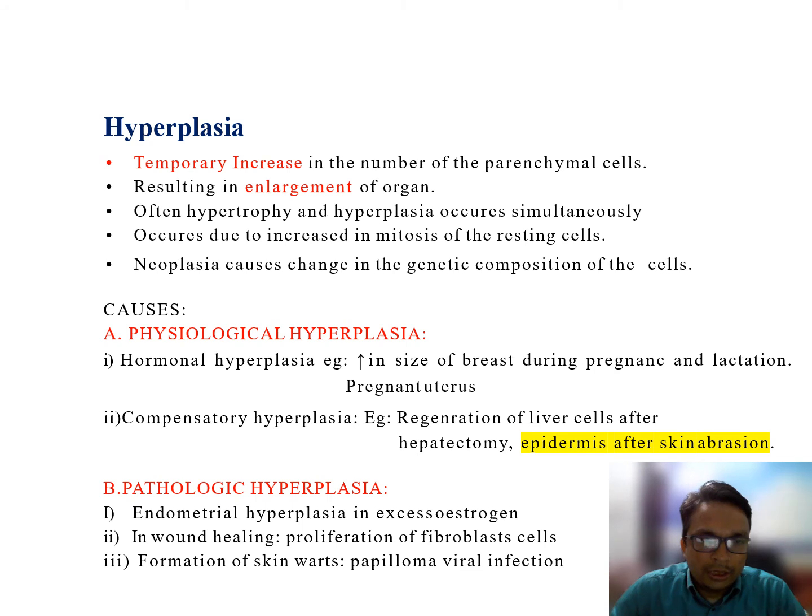If you look at examples, you can see a physiological hyperplasia example in the case of hormonal hyperplasia. You will observe that in a pregnant woman, there is an increase in the size of the breast during lactation, which you will observe as breast size enlargement.